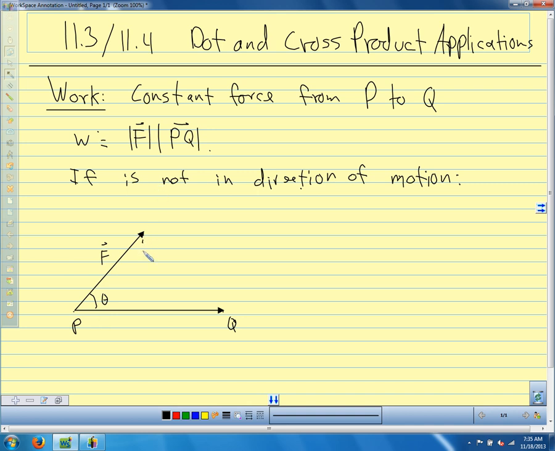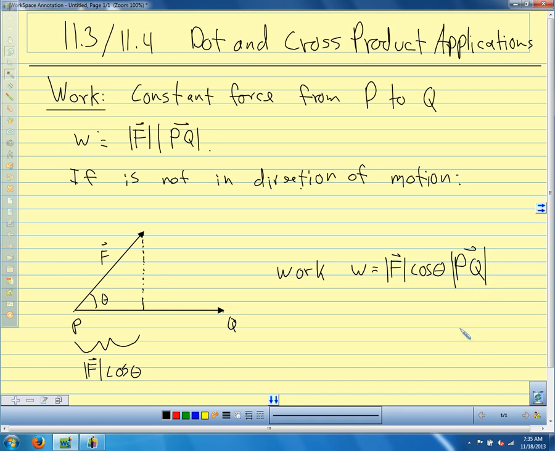Well, the component of the force in the direction of motion, we can break it into two pieces. This magnitude is the magnitude of F times the cosine of theta. So we just take the magnitude of the force in the direction of motion times the distance that we move. So the work done is going to be given by the magnitude of F times the cosine of theta times the distance that this thing travels.